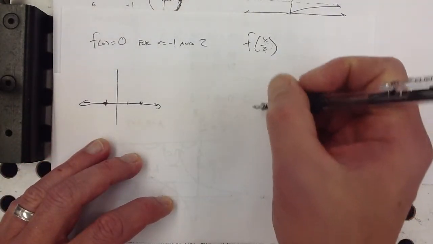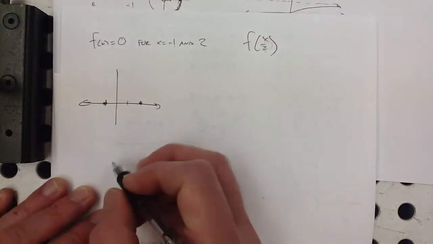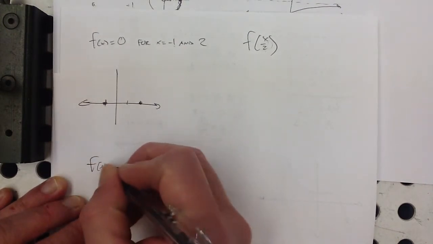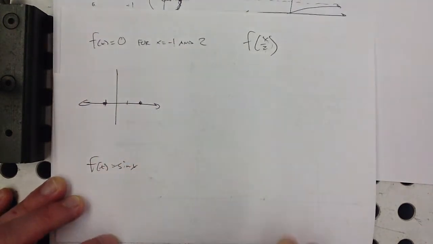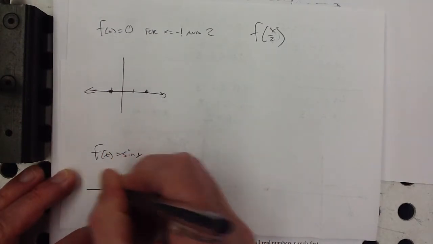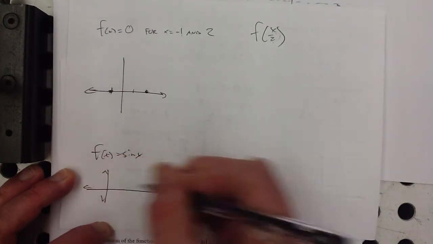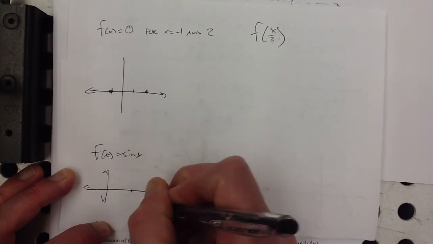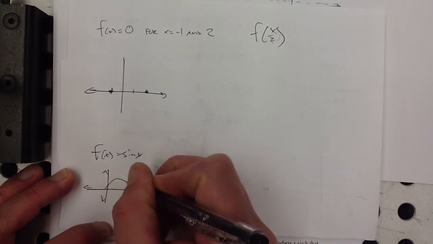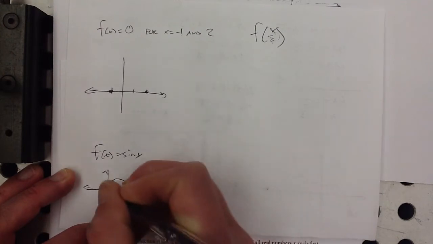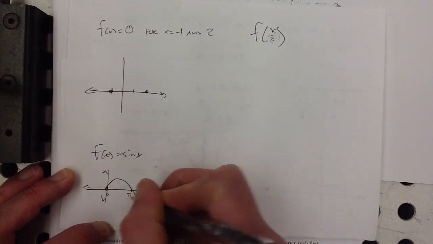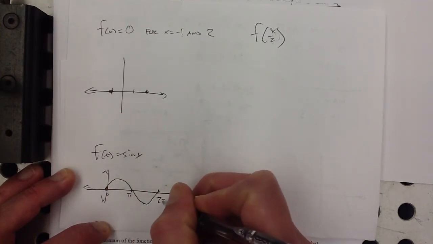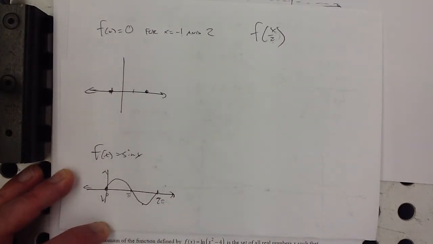For example, if you had the sine function, f of x is equal to sine x, and you sketch it out, it looks something like this. And these intercepts are 0, pi, and 2 pi, right? It has a period of 2 pi. You're very familiar with that function.